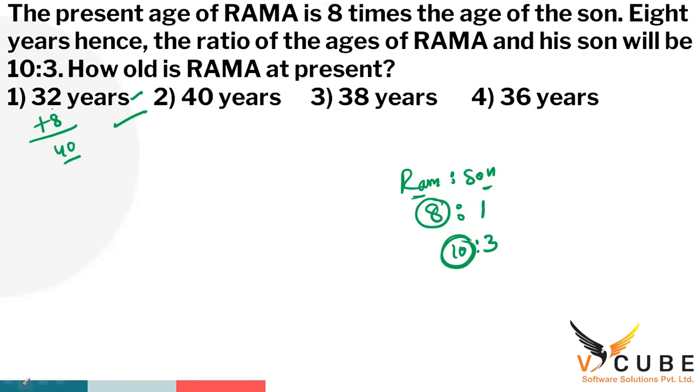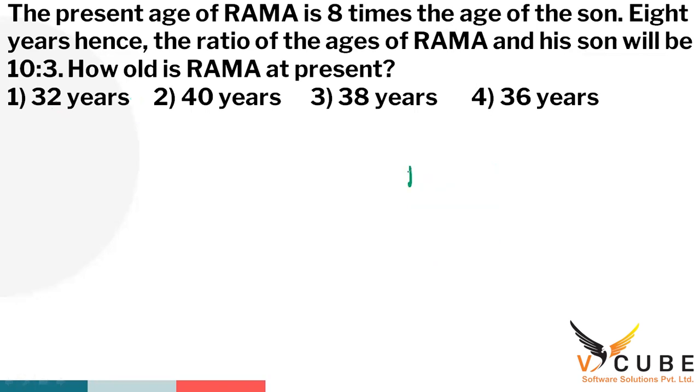Okay, so here it is given Rama and his son. The first statement: the present age of Rama is 8 times the age of his son. The son's age we don't know. Let it be 1. Rama is 8 times. The present ratio is 8:1. 8 years hence, the ratio is 10:3. Go through option verification. What is the first option? 32.